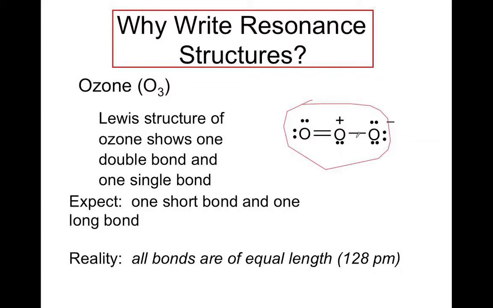Importantly, this Lewis diagram does not match the empirical data on the structure or charge density of ozone. Based on this diagram alone, we would expect one short bond and one long bond in the molecule. In the laboratory, however, we have seen that all bonds are of equal length. Thus, this Lewis diagram does not correctly show either charge density or structure.